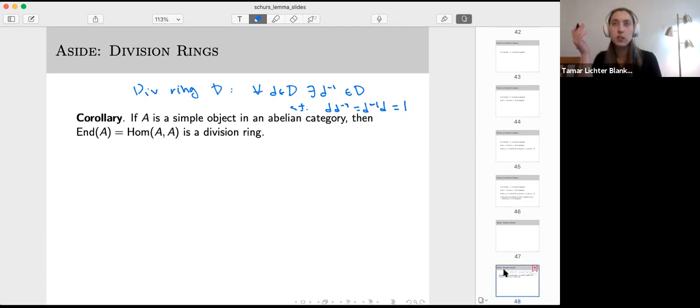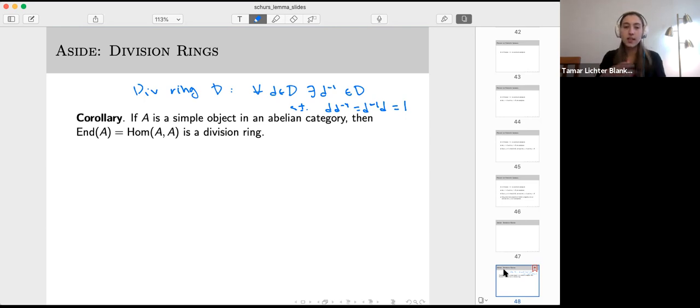And the only difference between a division ring and a division algebra is whether you're thinking of it as, so what should I say? The center of a division ring is the things that commute with everything in the ring, right? And because it's a division ring, that commutative subset is actually a field.